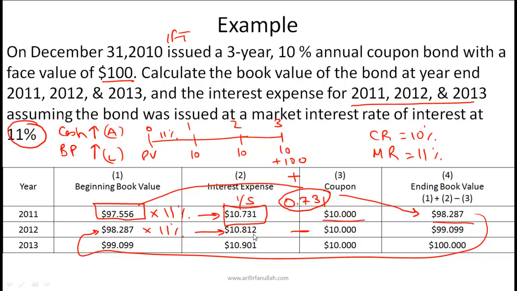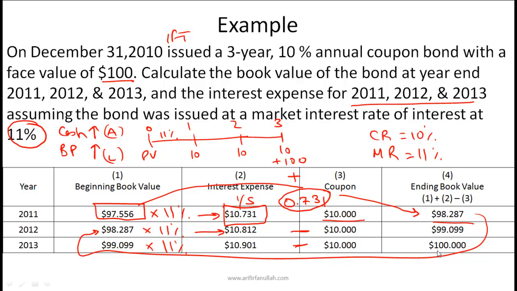Add 0.812 to the beginning book value and you get the end book value for year 2. This becomes the starting book value for year 3. The interest again is this number multiplied by 11%. The difference, 0.9, between these two numbers is added to the beginning book value and you have the ending book value of 100.